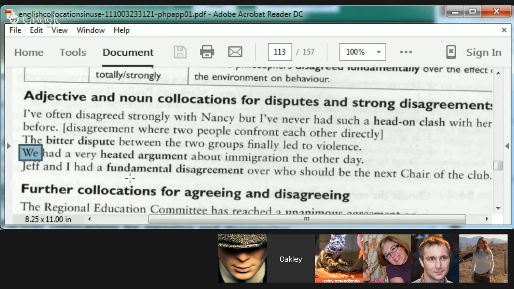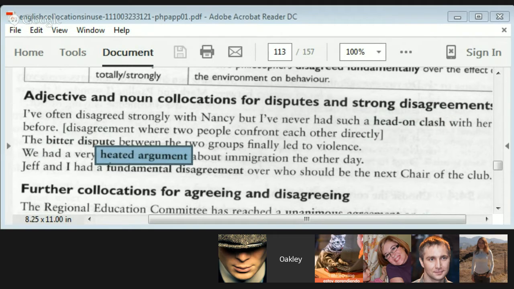Sasha, next one here. We had a very heated argument about immigration the other day. Okay. Hot topic. Hot topics. Oh, very good. Yeah, that's very much related. A hot topic is one that's easy to get into an argument about. Now, what's the difference between a heated discussion and a heated argument?